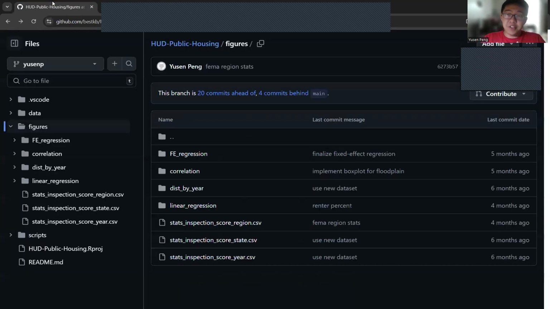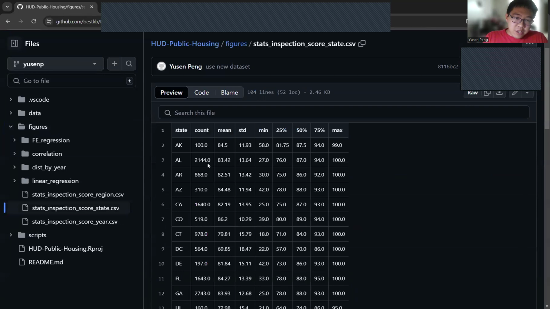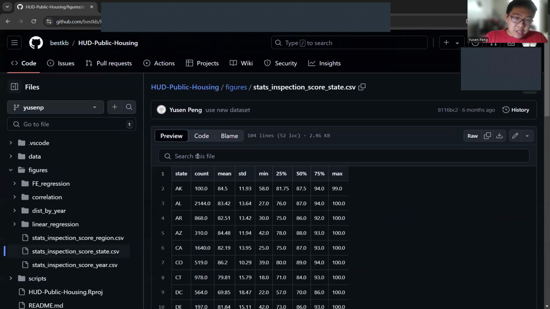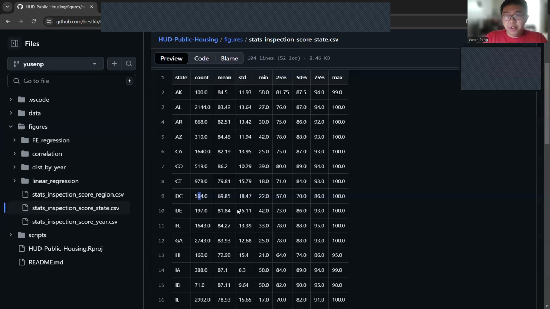By across different states, I mean both individual states like Ohio, Michigan, Minnesota, Pennsylvania, and so on and so forth. The other thing I want to point out is the FEMA region I mentioned earlier. We already got the data for FEMA region, but let's look at them one by one. The first one is state. For every single state, we already got the descriptive statistics for the inspection score.